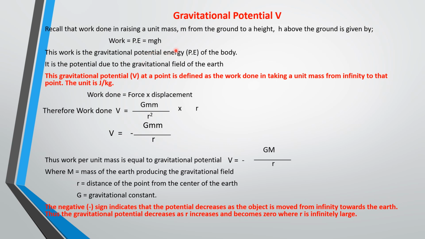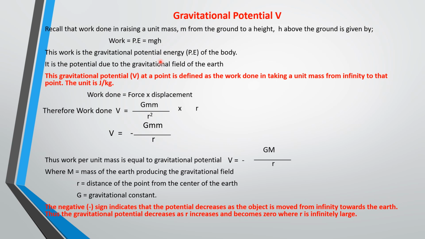What this simply tells you is that at different heights, an object has different potential. At ground level, the potential energy is zero. When you move the body to a higher level, the potential energy depends on that height, which means there is a potential difference between the ground level and that height.